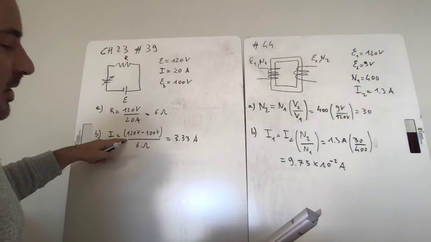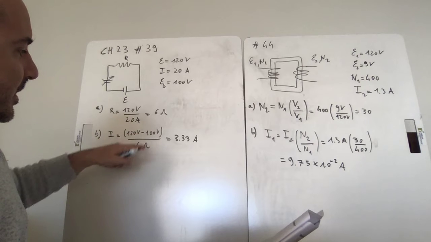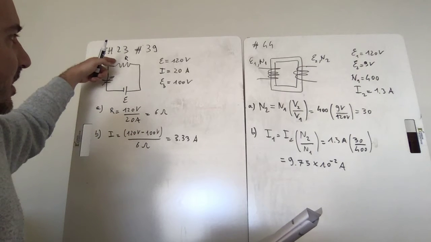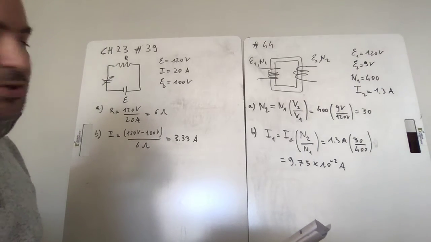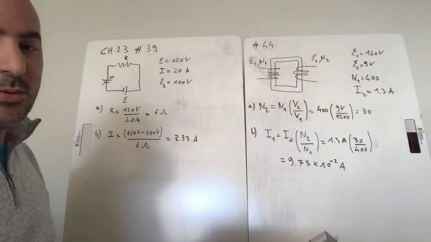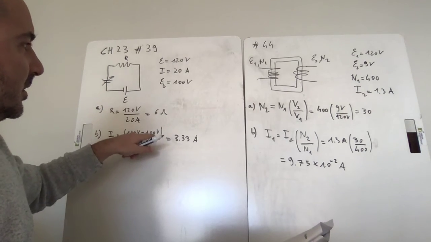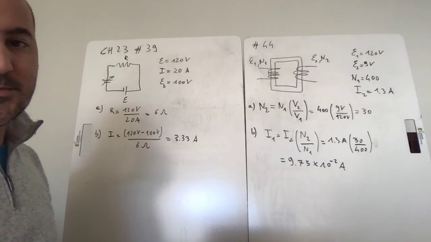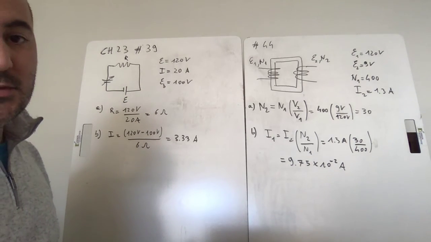So the total voltage is 120 minus 100 volts divided by the resistance. We know what that is, 6 ohms. And so the amount of current that actually goes into this motor is only 3.33 amps. Just applying Ohm's law, considering that we know what the back EMF is. Okay, so that is for problem number 39.